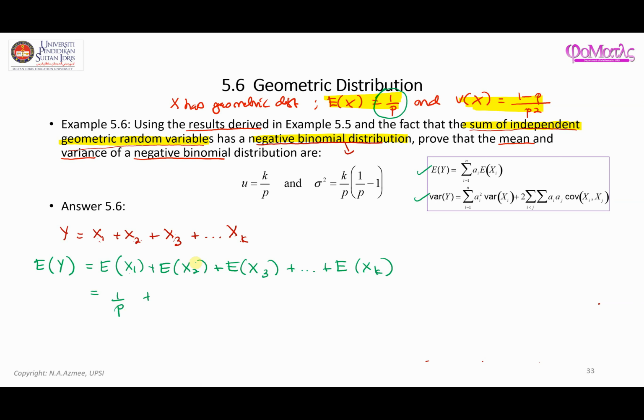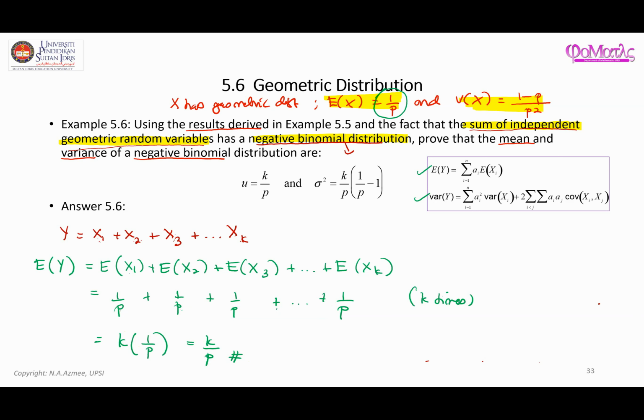Similarly, X2 here is also a geometric random variable. Therefore, the expected value here is going to be 1 over p. So the results here are all going to be equal to 1 over p. And we know that these terms are all similar, and it happens k times. Therefore, the final result is going to be k times 1 over p, and that can be written as k over p.